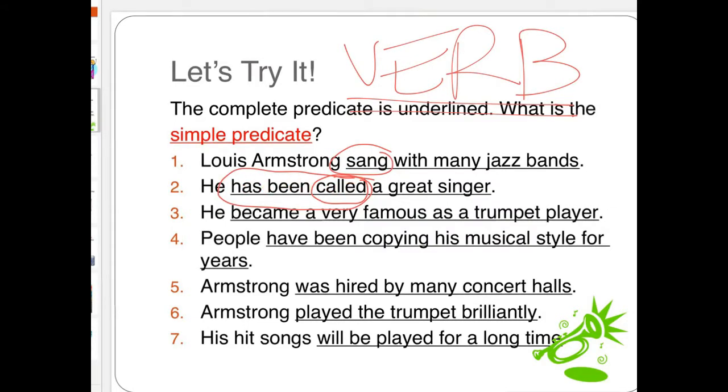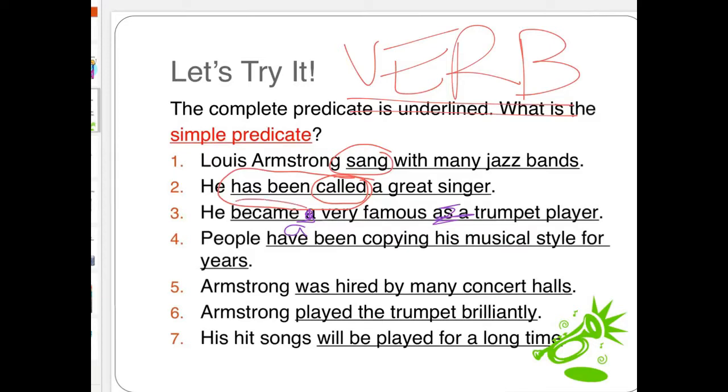Let's do the next one. He became a very famous, that doesn't make sense. I think it should say he became very famous as a trumpet player. Let's see, nope, we can't even erase it. He became a very famous trumpet player. Okay, so what would be the simple predicate here?